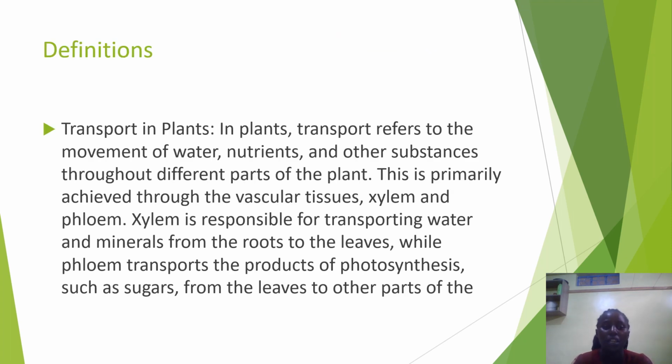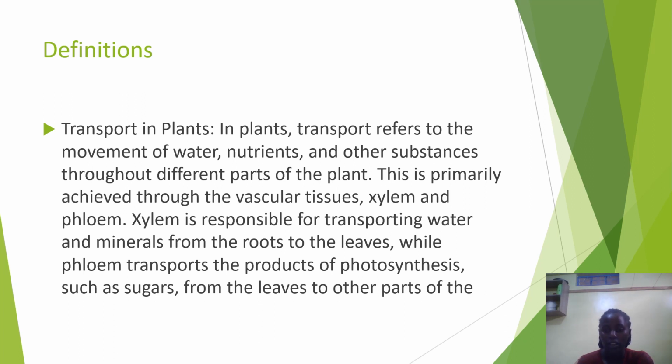We are going to begin with definitions. So let's look at what is the meaning of transport in plants. Transport in plants refers to the movement of water, nutrients, and other substances throughout different parts of the plant. Which are these parts that these substances move through?